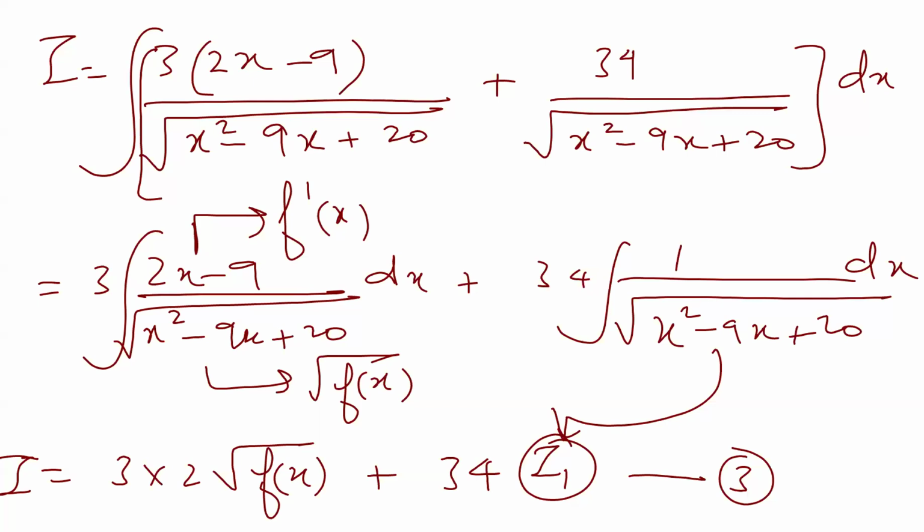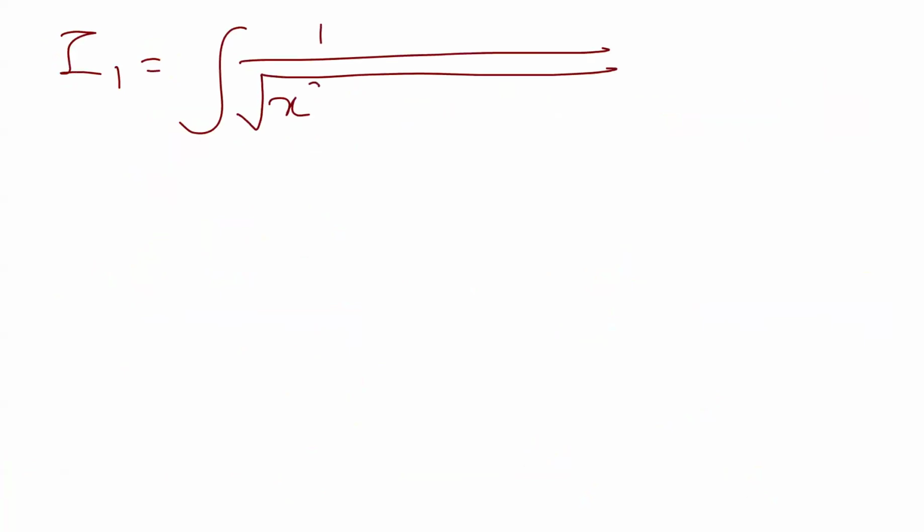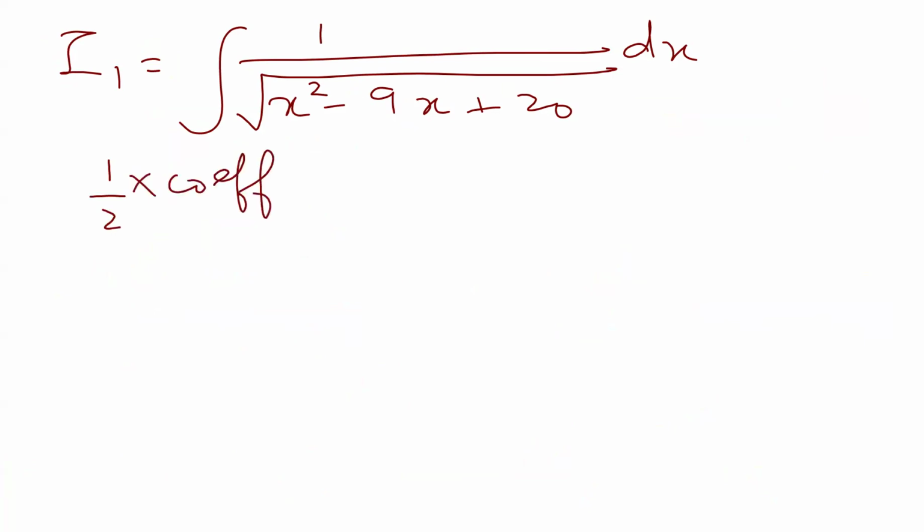We'll solve this I1 separately. Your I1 is the integral of 1 upon root of x square minus 9x plus 20 dx. Now there is a constant in the numerator and root of a quadratic in the denominator. So we can do half into coefficient of x, the whole square, half into minus 9 the whole square.